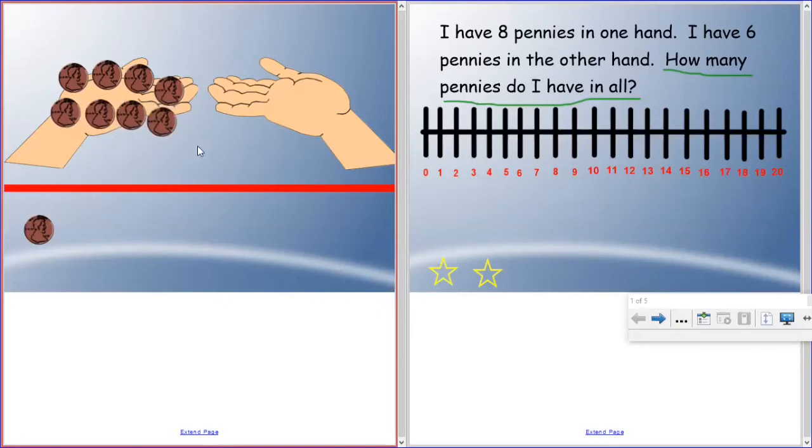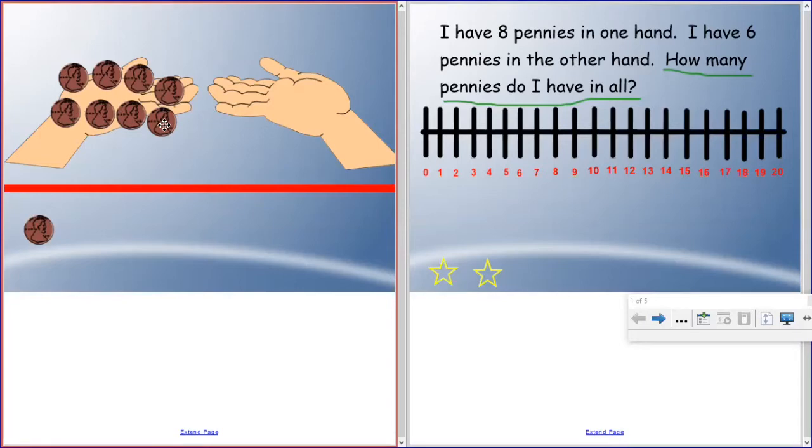I want to make sure that I don't cover any of the other pennies because then it would make it hard for me to count. Now I'm going to recount to make sure I have the right amount. Touch and count. 1, 2, 3, 4, 5, 6, 7, 8. Yes, I have the correct amount.